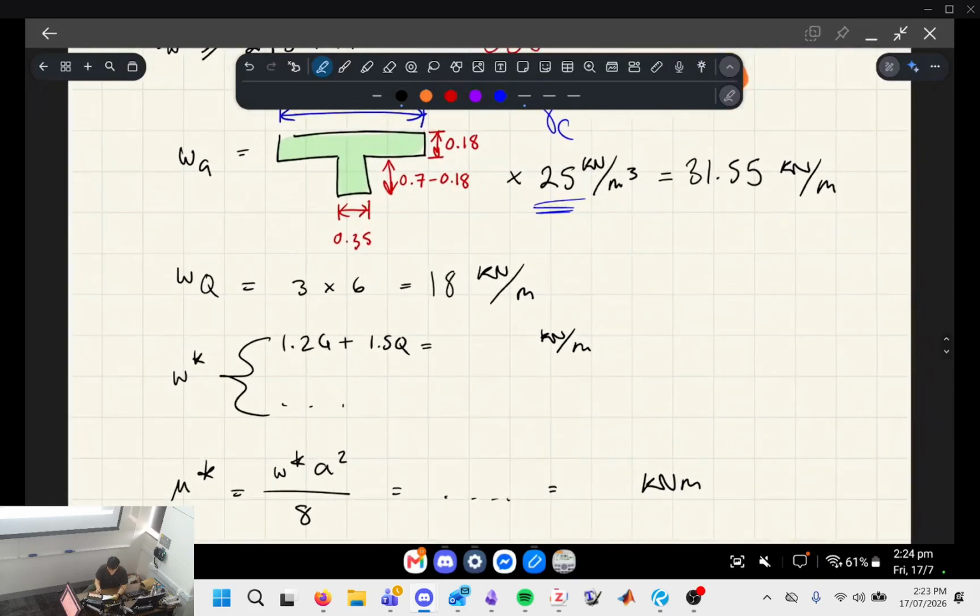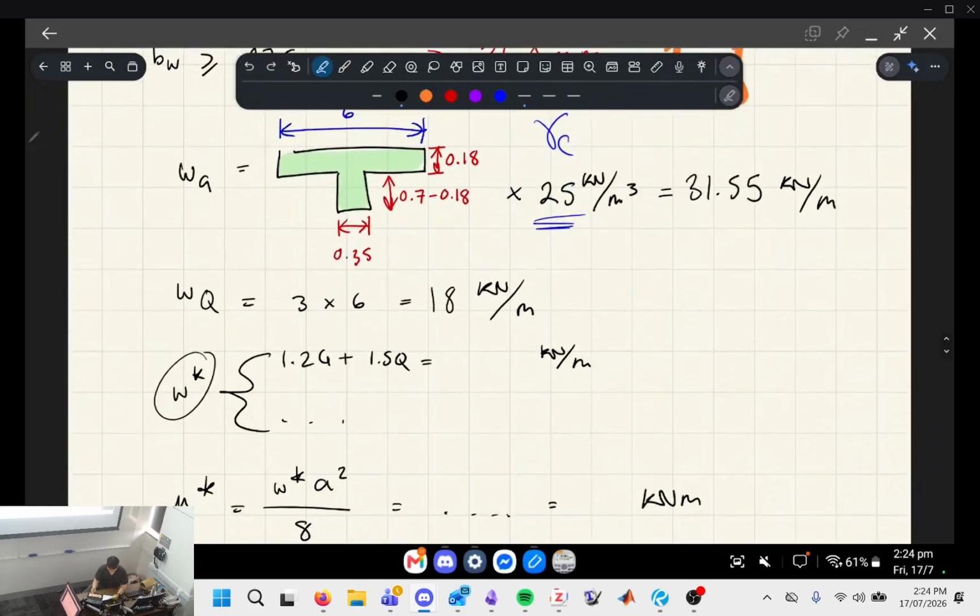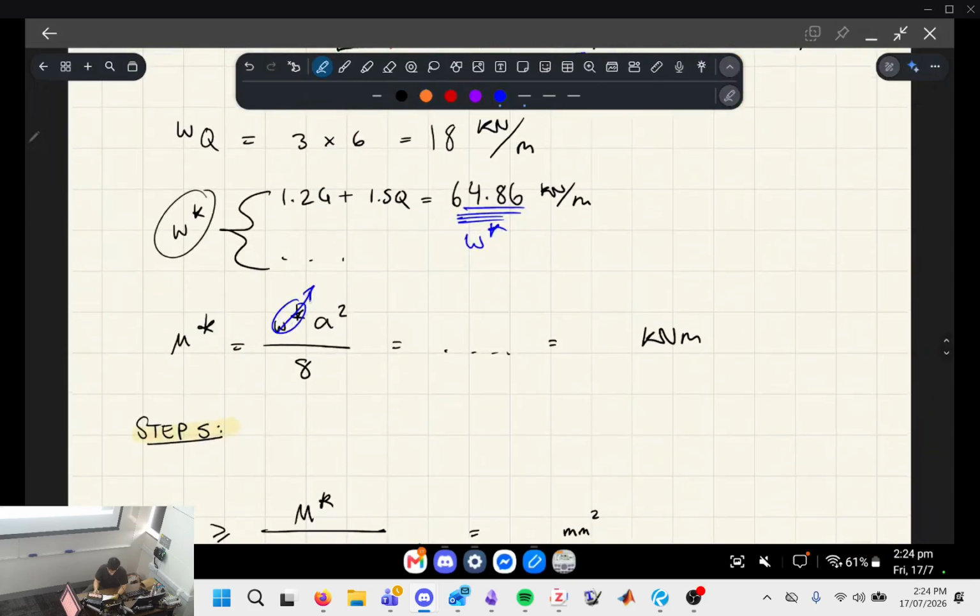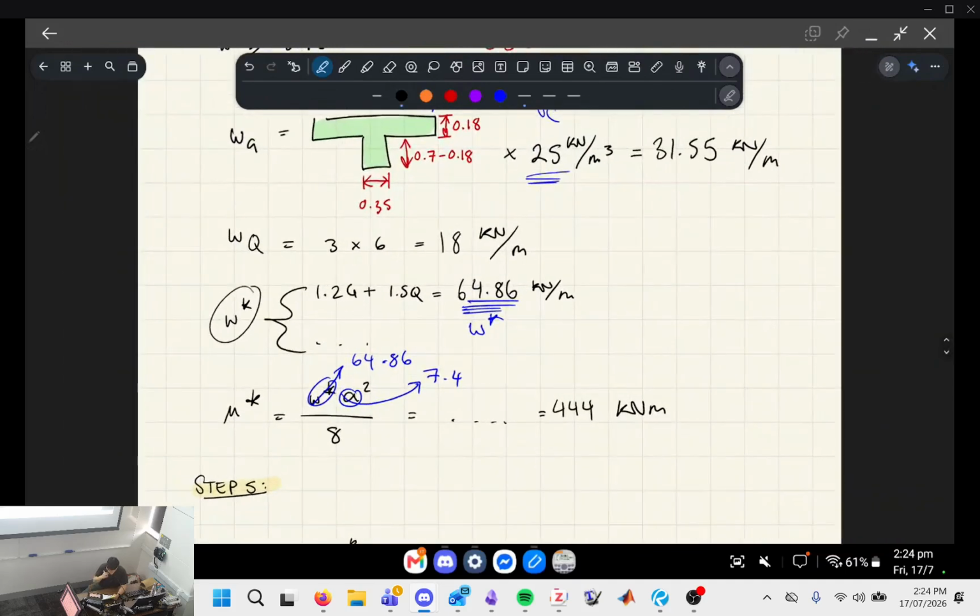We do the whole load combinations thing again to find the factored distributed load, which gives us this. Now this is W star. W star can be plugged into this formula. The flexural span didn't change, and that gives us 444 kilonewton meters. I'll give you a few seconds to copy that down.